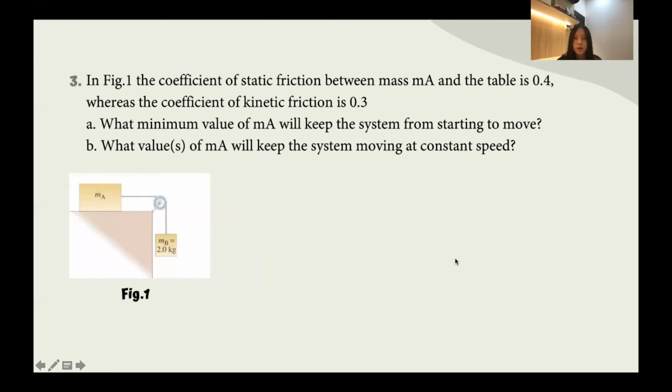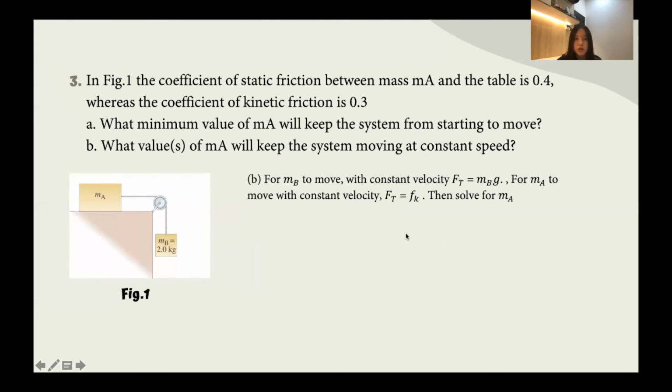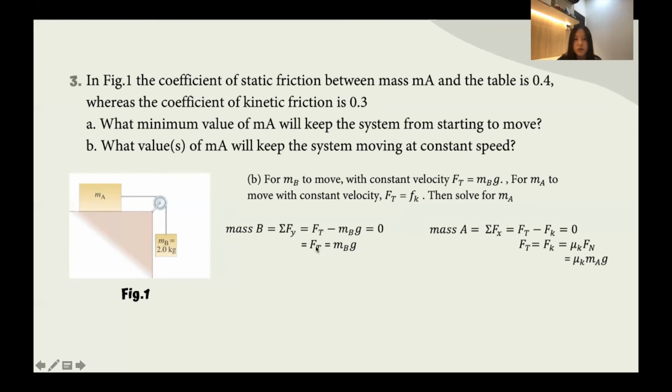Next, we'll proceed to part B. For mass B, the net force is tension force equals mass B times gravity, which is the same as part A. However, the net force on mass A is different from part A, since the tension force is equal to the kinetic force.